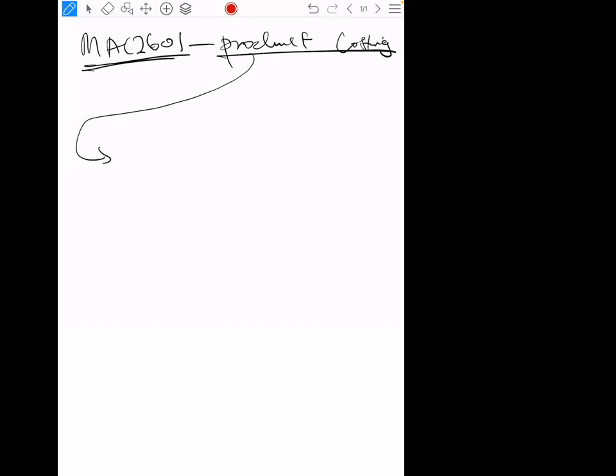So this module, MAC2601, is to do with product costing. We don't look at service costing. So it being a product costing module, it looks at determining product costs. So it is going to be product costing and management.